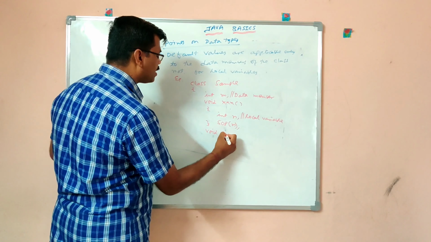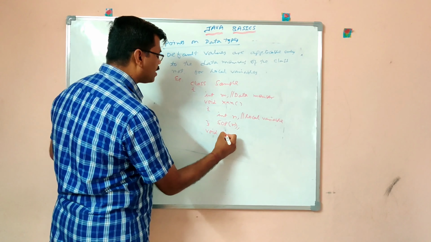Memory allocation for reference data type is done during runtime using the new operator. So by using new, we have to allocate memory for reference type. More about this point we'll discuss when we come to the topic arrays.